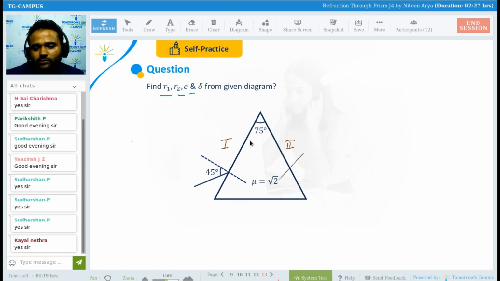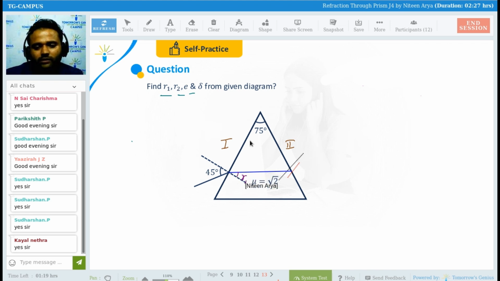A little lower I can draw, because this is now your normal.